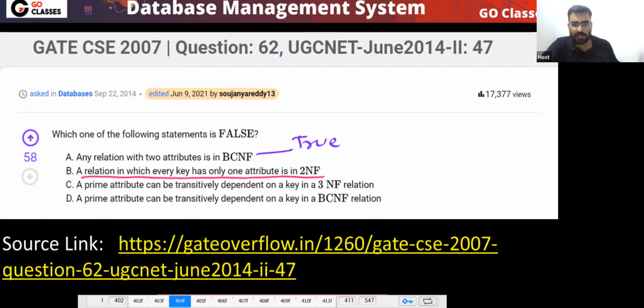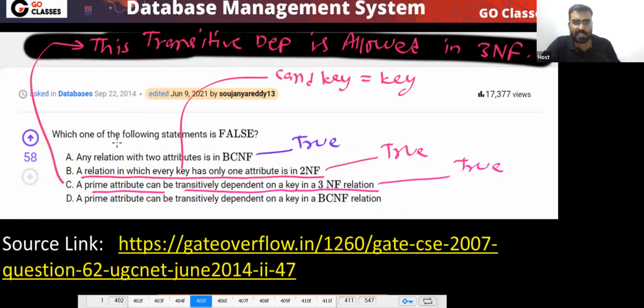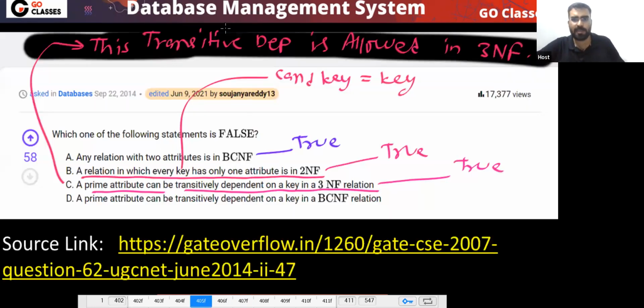Anyway, so basically this transitive dependency is fine. You can take an example. Let me tell you actually what happens.